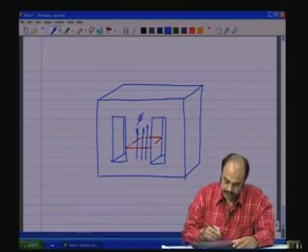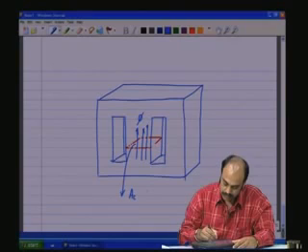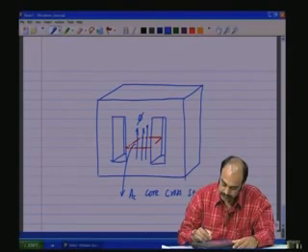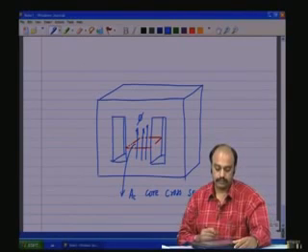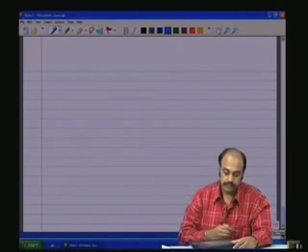The perpendicular cross section area, that is the AC, or the core cross section area. So, we have two areas here.